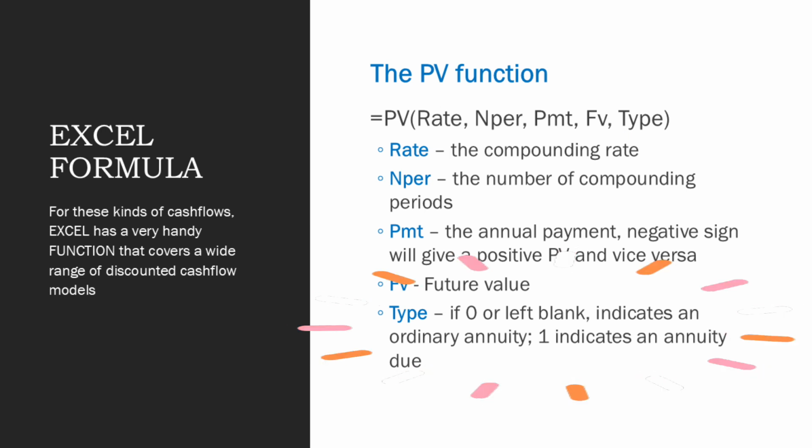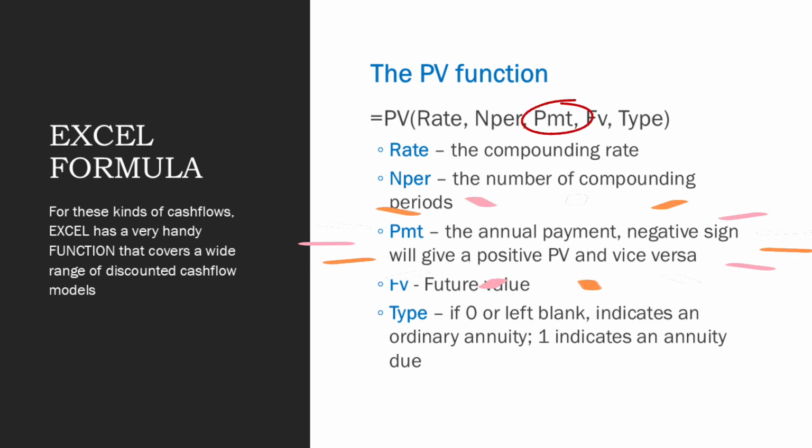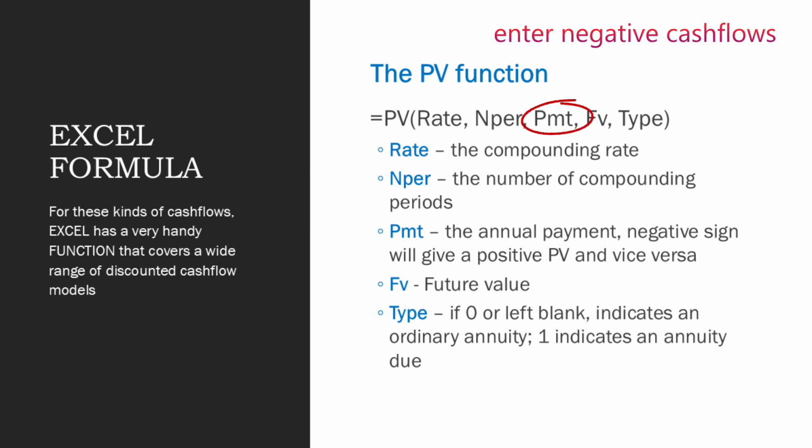If you put a 1 in type, it becomes an annuity due. Secondly, the payment you enter will have to be negative if you want a positive PV value and vice versa. This is in keeping with the convention that cash inflows and cash outflows should have different signs. So if you want a positive value for the PV function, enter negative cash flows.